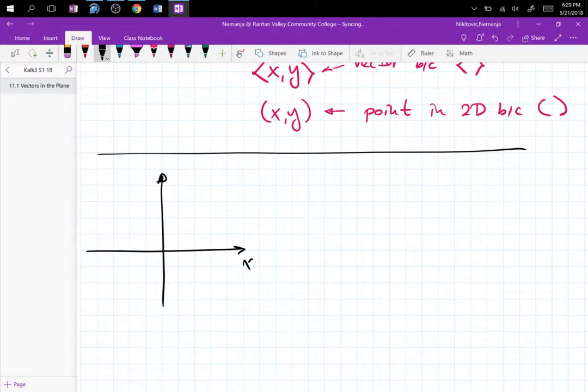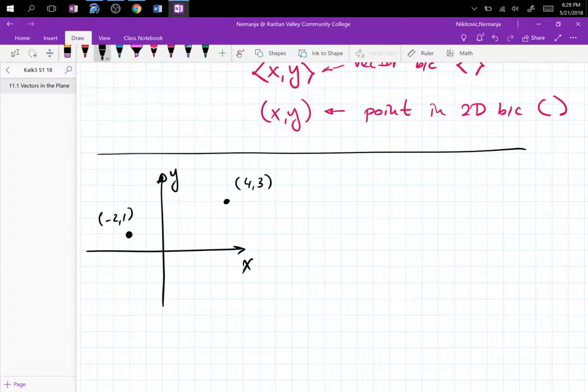So that's the notation. Now if I have the system xy, I have a point over here. This point is -2, 1. And I have another point over here. This point is 4, 3.